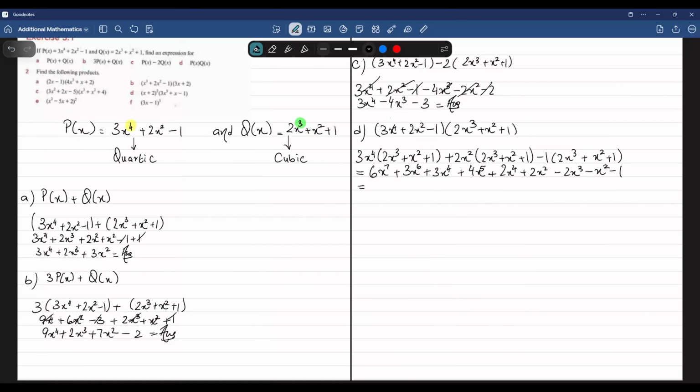Simplify this further, we would get 6x raised to the power 7, then we would have the power of 6. Let's compare the values. There's only one power of 6 here, so 3x raised to the power 6. Then we have 4x raised to the power 5.